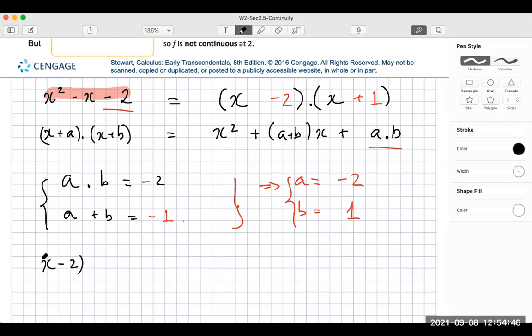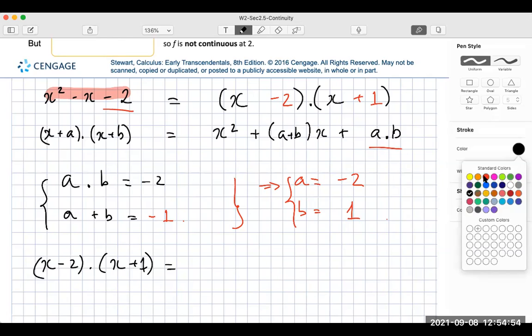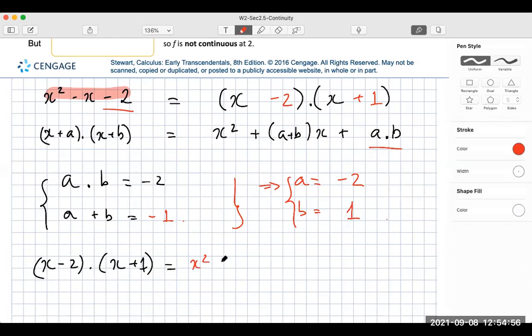x minus 2 times x plus 1. When we distribute this, what do we have? Yes, x squared, and let's go in this order. I get used to it. So then x times 1, very good.